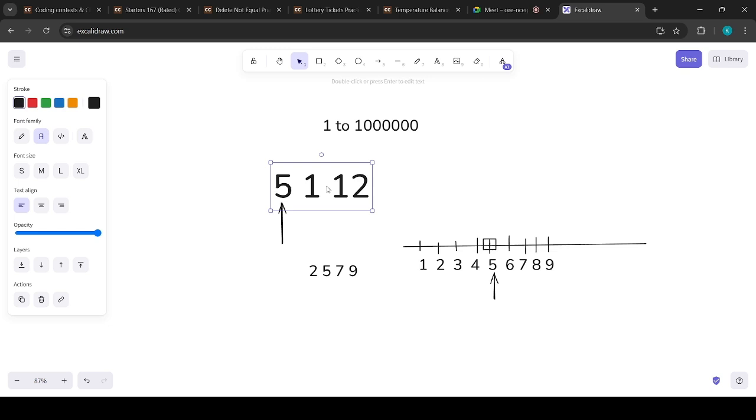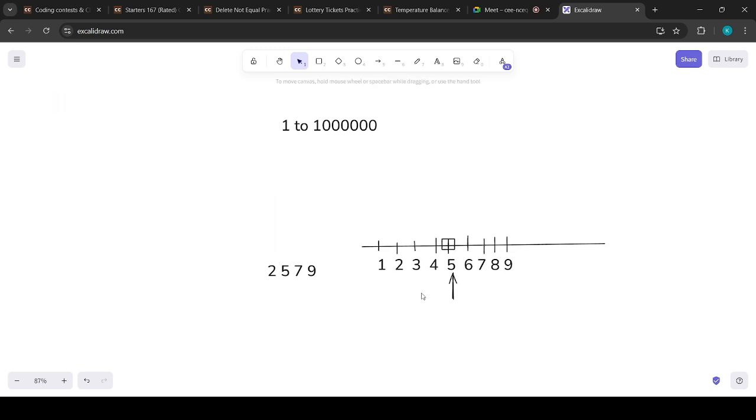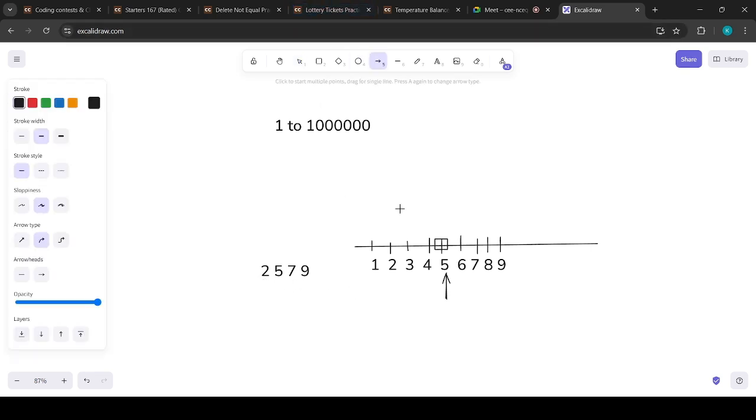But there are also other people buying lottery tickets, and they have the numbers 2, 7, and 9.